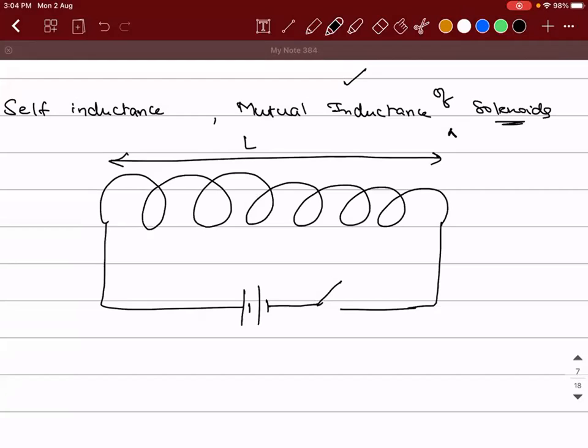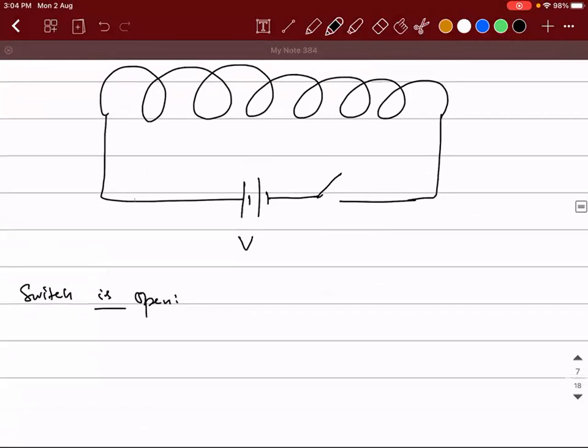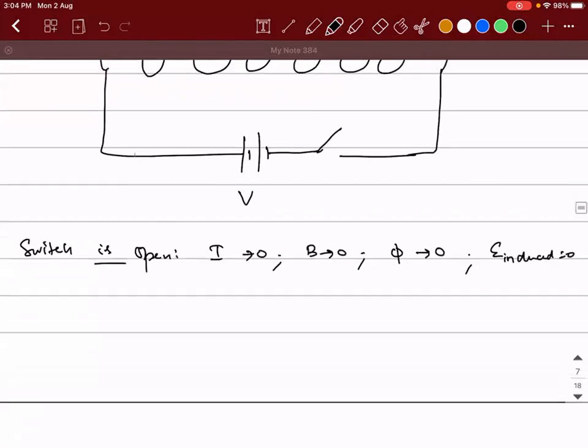Let's say its voltage is V and the switch is open. So when the switch is open, obviously the current is going to be zero, due to which the magnetic field is zero, due to which flux will be zero, as a result of which the induced EMF is obviously going to be zero, right?